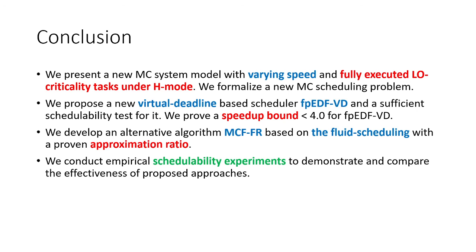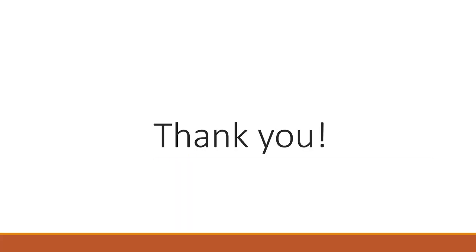Based on that, we proposed a virtual deadline-based algorithm FPEDF-VD and the fluid scheduling MCFFR with a sufficient schedulability test. We also proposed and proved a speedup bound for FPEDF-VD and an approximation ratio for MCFFR. Finally, we evaluate these two approaches with our empirical schedulability experiments. Thank you.